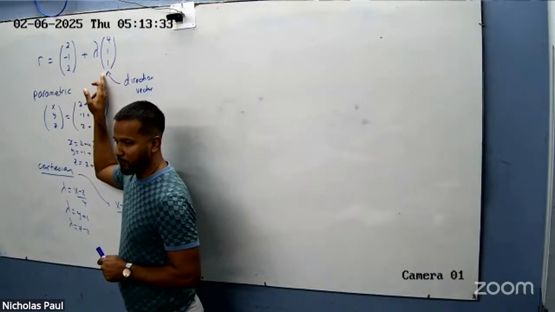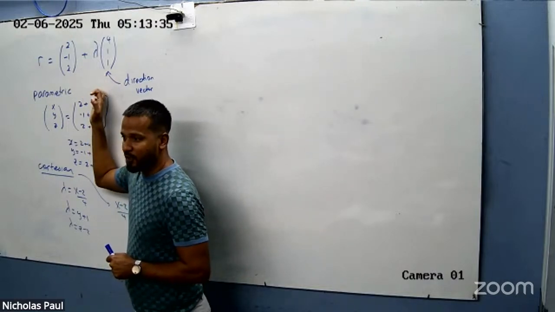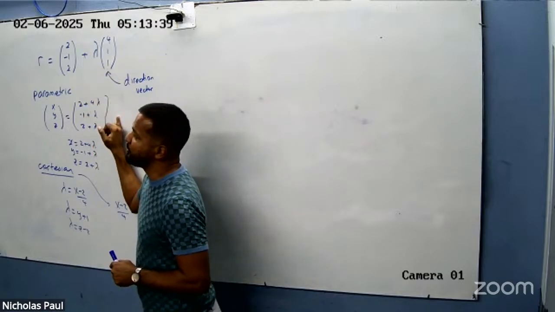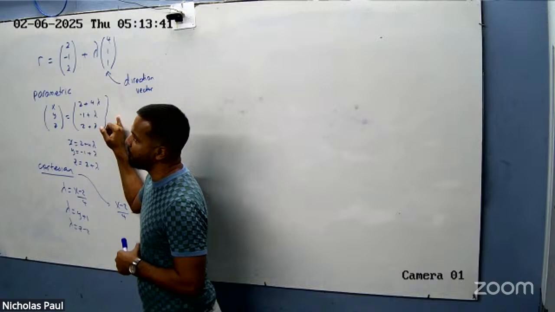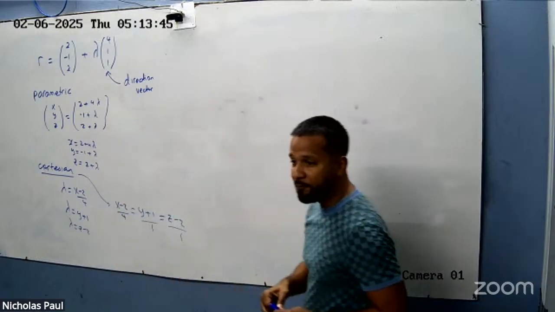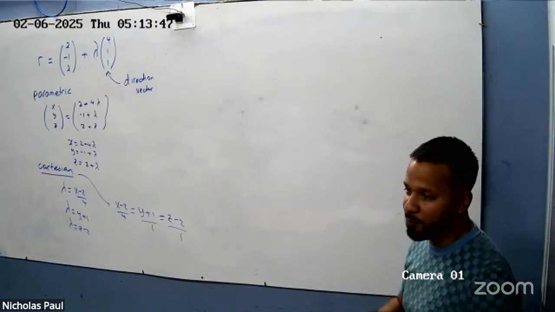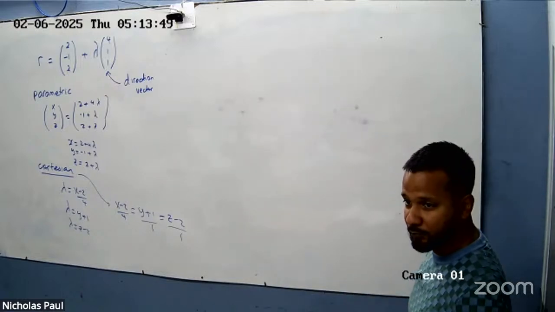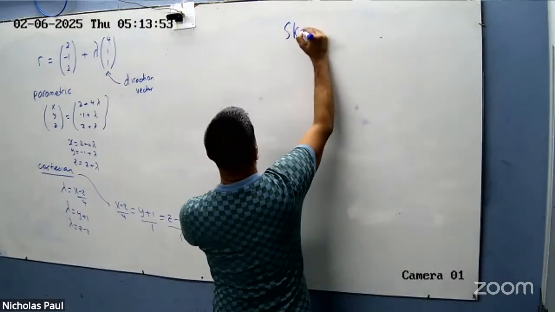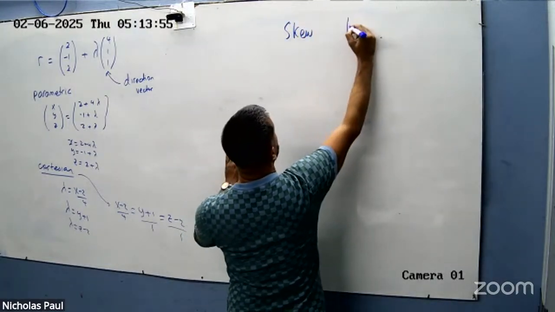Remember that last time we set that up. So by looking at the direction vector and checking to see if they are multiples of each other, that's how you know they are parallel. Today, we're going to look at something called skewed lines.